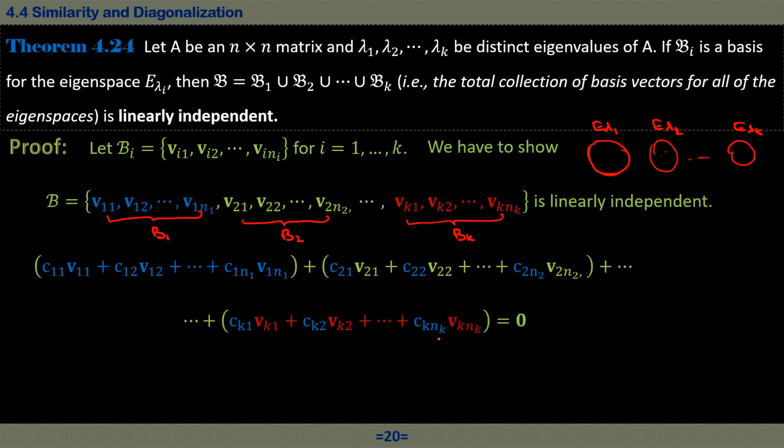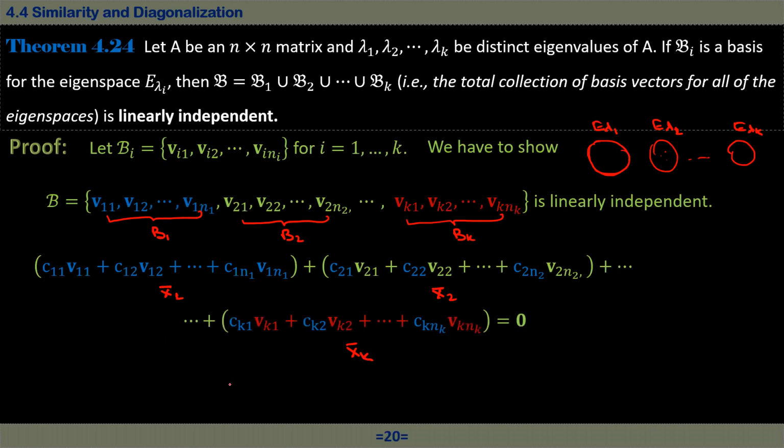At least one of these coefficients is not equal to 0, because we are assuming the combination is non-trivial. Now denote the first sum by x1, the second sum by x2, and the last sum by xk.